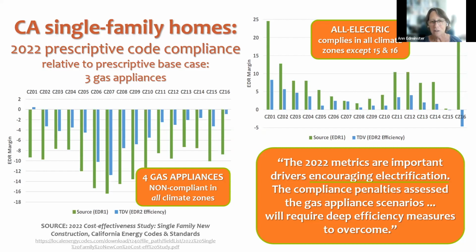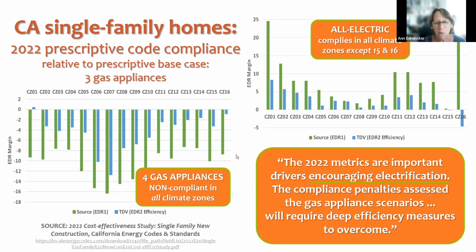So this is a clear illustration visually of what the code is trying to do. And the quote from the cost effectiveness study on the bottom right shows that this means that the gas appliance scenarios will require deep efficiency in order to overcome where the baseline is set.